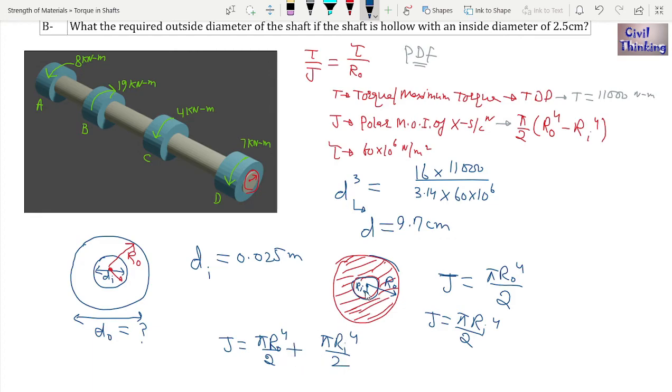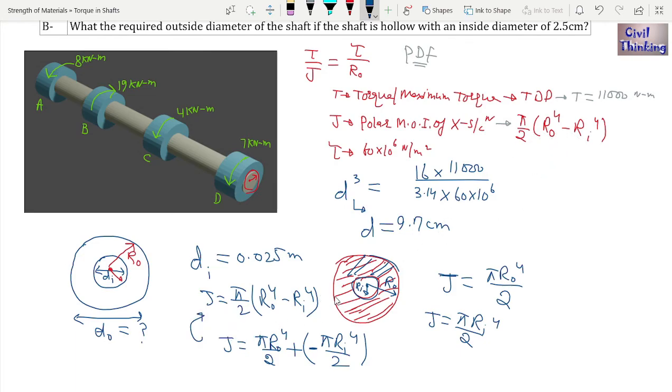Now the outside is the solid part, so it is plus. The inside is hollow, there is nothing there. This is why there is a negative sign. Here is pi by 2, here is pi by 2, and when you take it common, you get r naught 4 minus ri 4. This is the reason I wrote this.